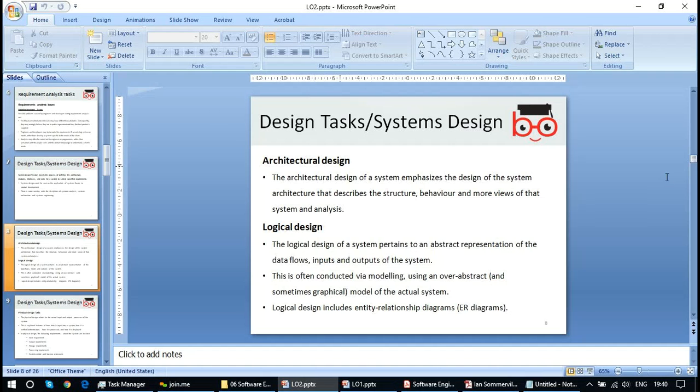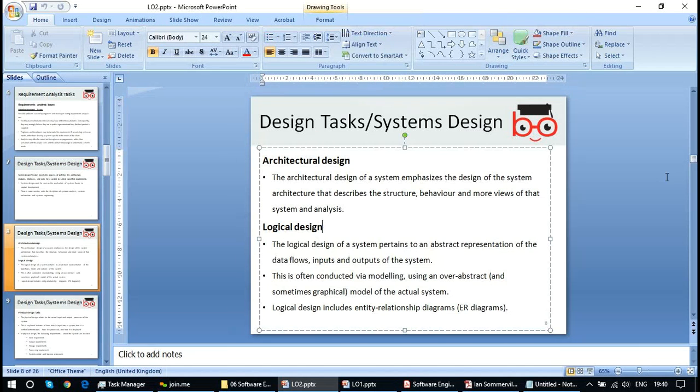Now, the architectural design emphasizes the design of the system architecture that describes the structure, behavior, and more views of that system and analysis. So architectural view, like we have an architecture of a kind of house. Logical design of a system pertains to an abstract representation of the data flow, inputs and outputs.